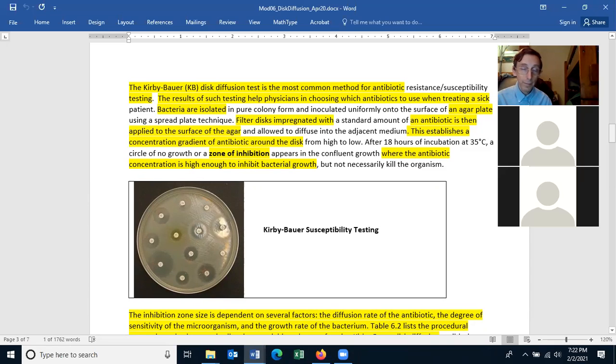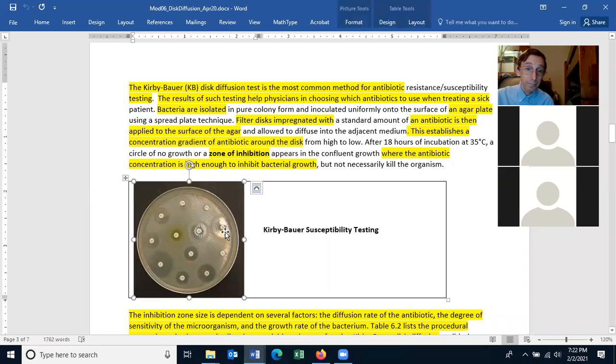Like, the patient has an infection, and the doctor can grab the infection from the patient, grow it up, and then plate it as a lawn. We'll talk about how to do that in a minute. And then put antibiotic discs down on the plate, and then find an antibiotic that is very effective against that bacteria.